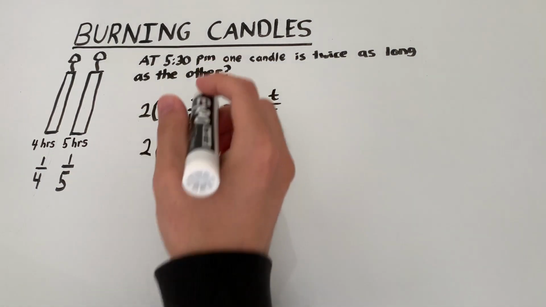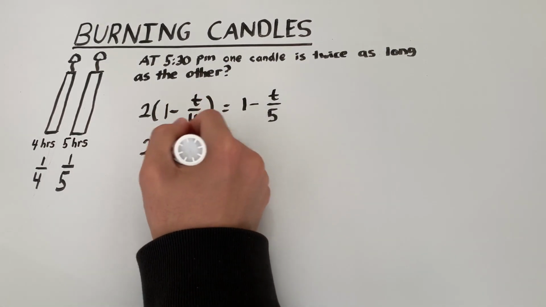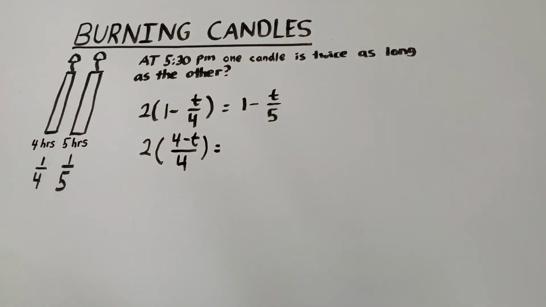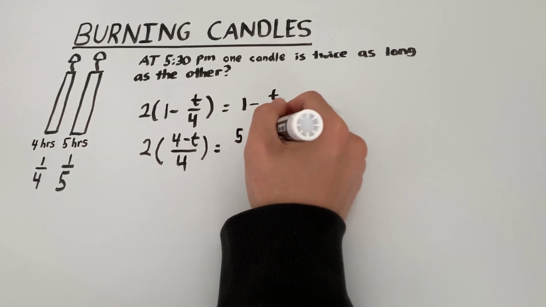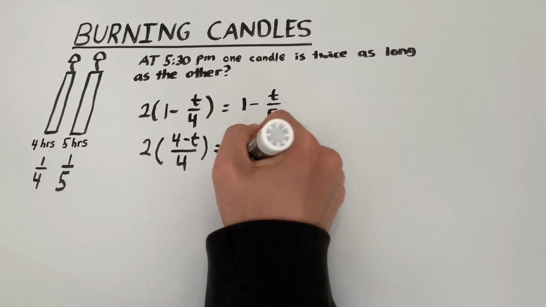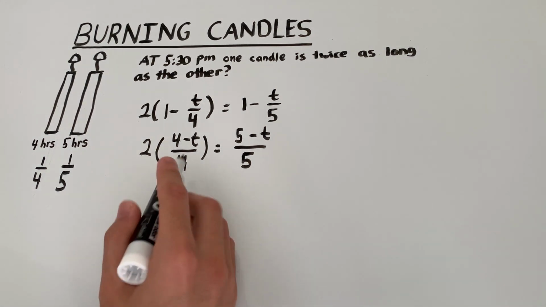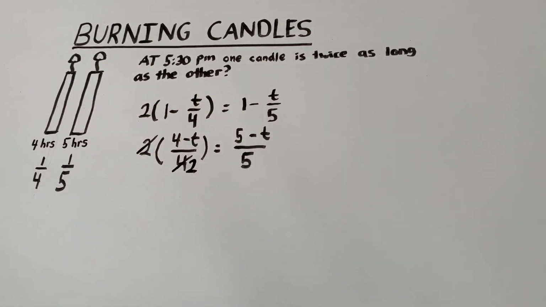So twice of 4 minus T over 4 equals 5 minus T over 5. And from here we can simplify things. Our 2 and 4 will cancel out, just leaving a 2.